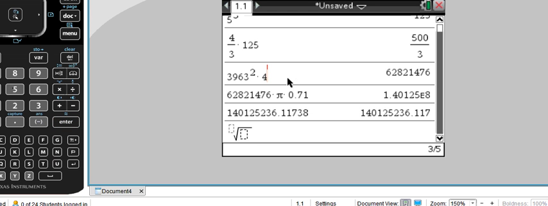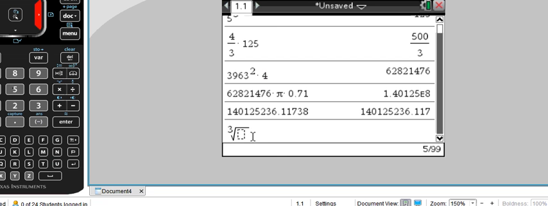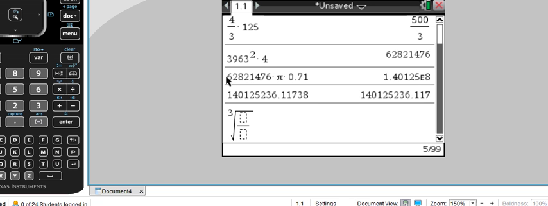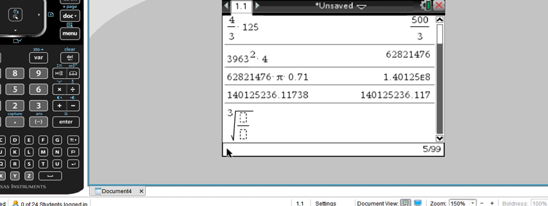And there's my cube root. So I want the cube root, and now I want a fraction, so I'm going to go ahead and put a fraction in here. Again, if you have a TI-83 or a TI-84, you might need to ask me how that calculator is going to work when you come back to class. So we've got a 15,000 divided by a 4 pi.